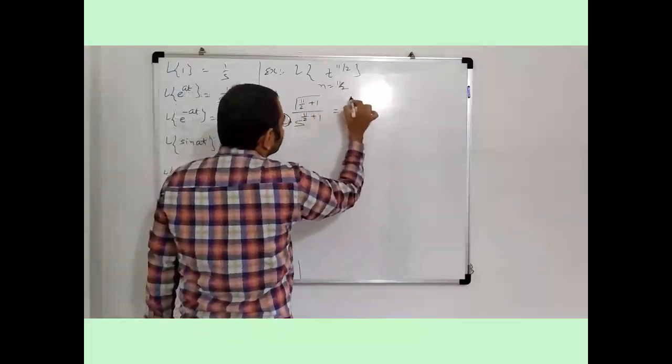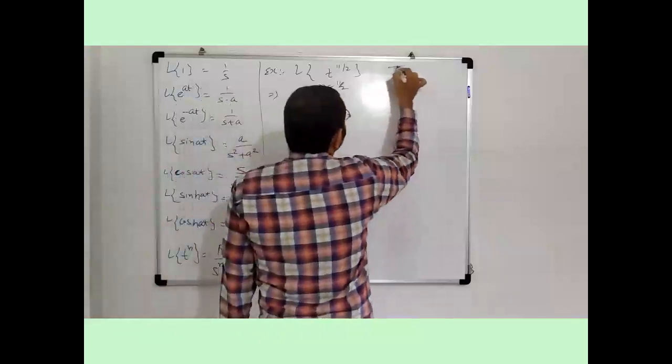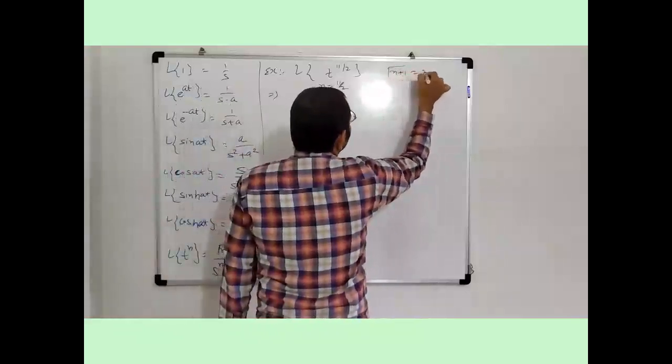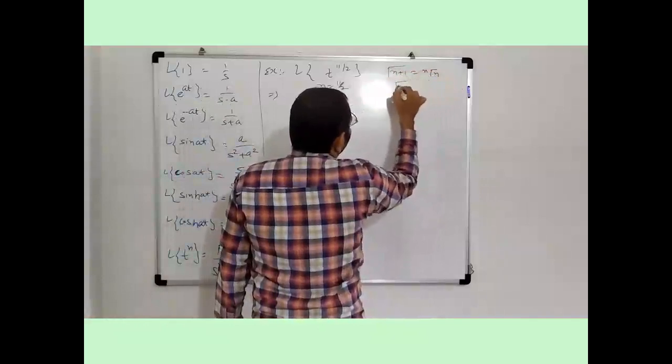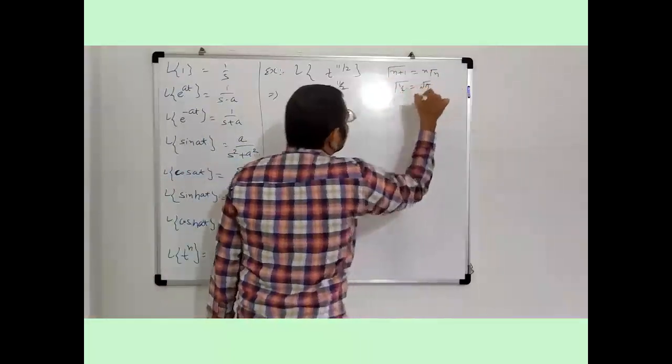Then we simplify this. According to the properties of the gamma function, gamma n plus 1 equals n gamma n, and gamma 1/2 equals root pi.